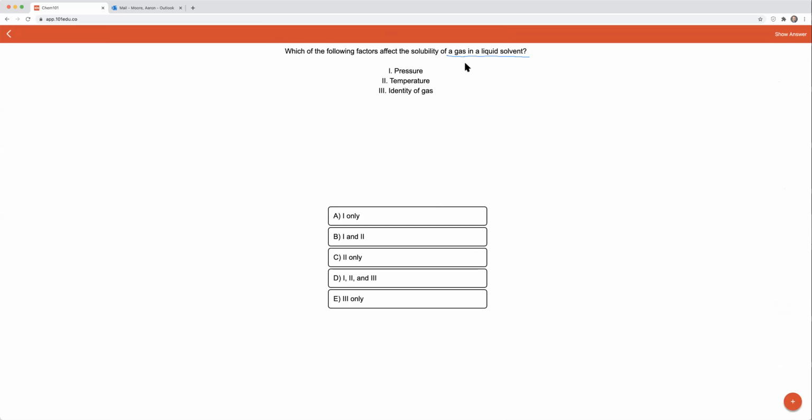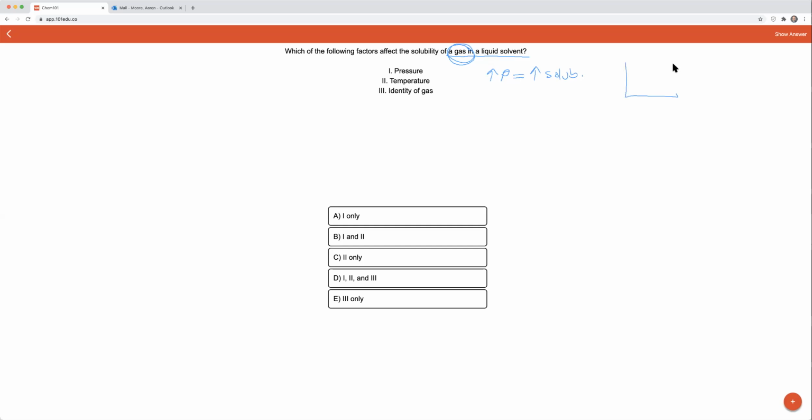So in lesson 2, we talk about these special conditions that allow gases to be dissolved in a liquid, particularly water. We focus on water as the solvent. In particular, we talk about how as we increase the pressure of the gas, that's going to increase the solubility of the gas, right?